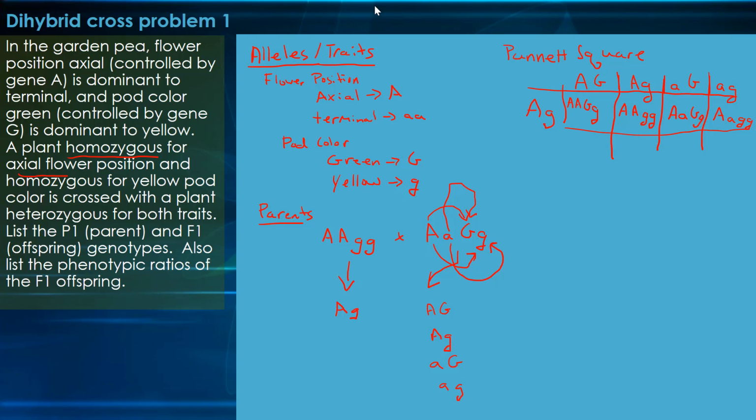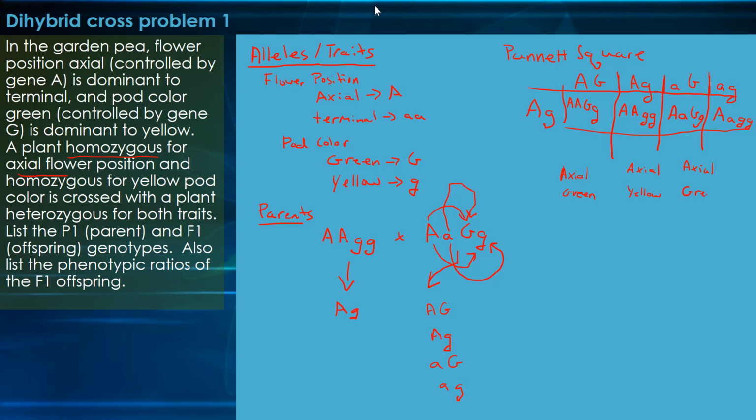All right, I've got the genotype up here. Let's put the phenotype underneath here. So this is going to be axial. Let's just write these out first. Axial and green. This one is axial and yellow. This one is axial and green.